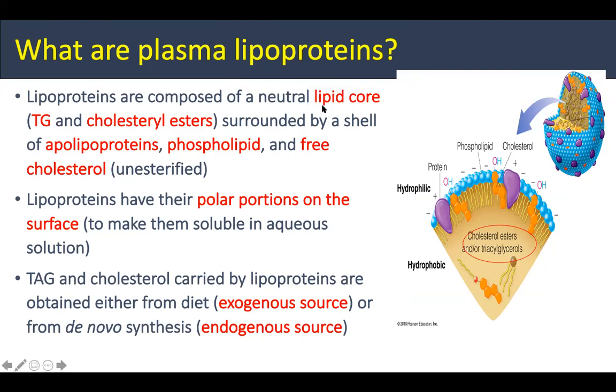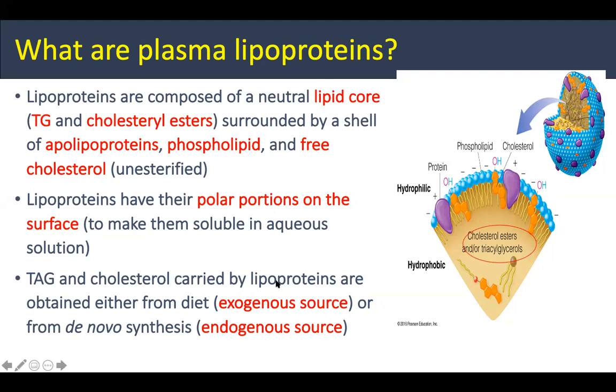It's obviously the non-polar part, and I have to keep the outside polar in order for it to dissolve. I talked about how there were specifically two types of lipids on the inside of the lipid core: my triglycerides and my cholesterol esters. I told you that the polar portions were on the surface in order to make them soluble. Here's the last point that I'm going to explain, and I'm going to test you on this later on, so be sure to be listening.